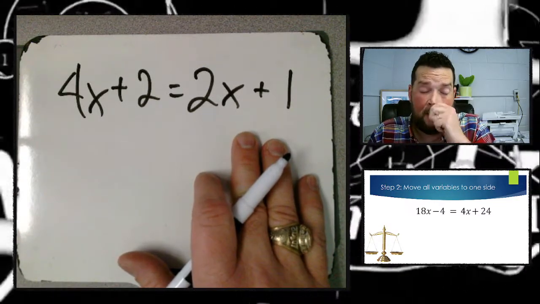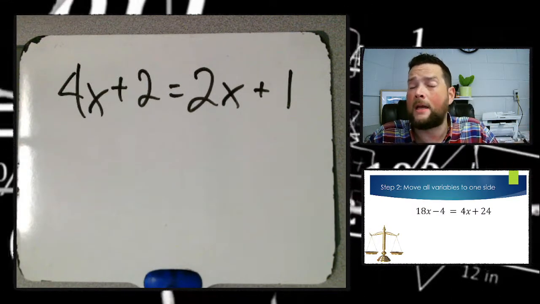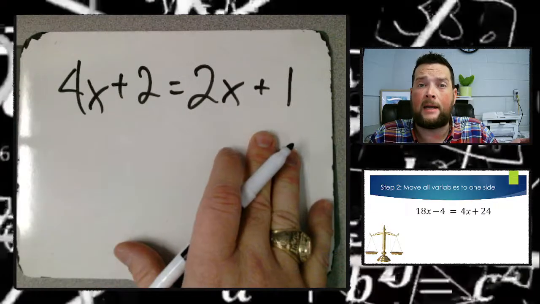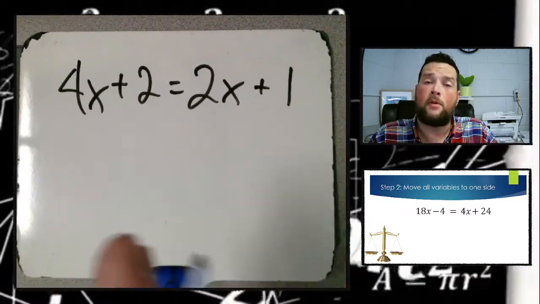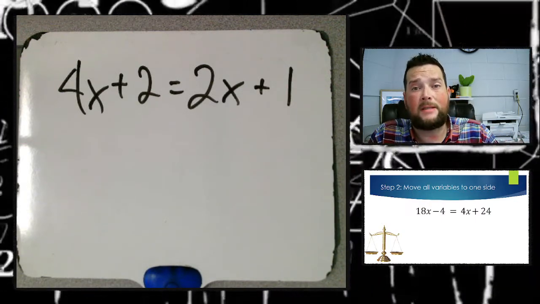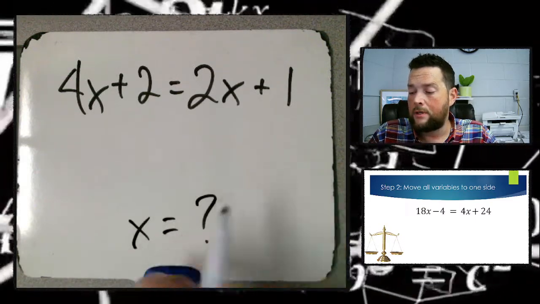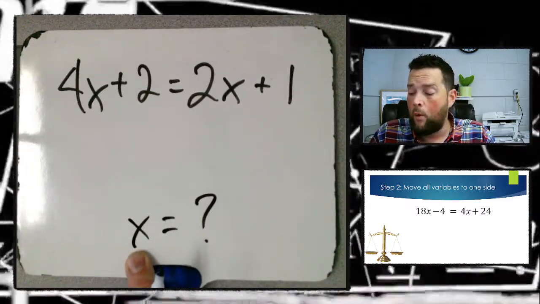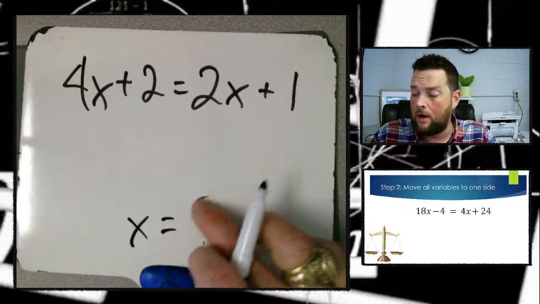Now that means we have to pick. And ultimately, there's no wrong answer. You can pick either side. It's just that picking one side might be a little more helpful than picking the other. Now, saying that, we also do have a preference. In our world, we typically like the variables to be on the left side. We ultimately want to know x equals what number. So we're going to fill in this blank.